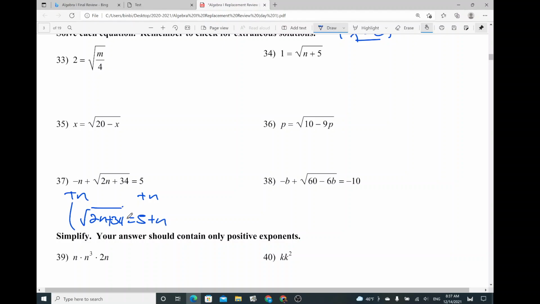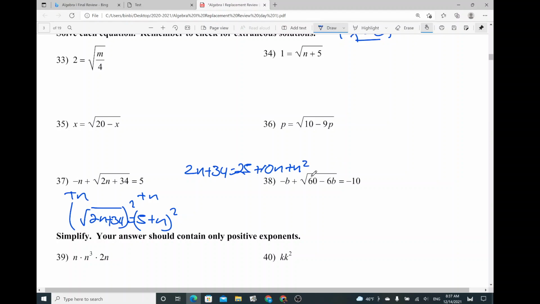And then from here, you want to square both sides. Once we square both sides, we do have 2n plus 34 equals 25 plus 10n plus n squared. If you FOIL this out, 5 squared is 25, 5 times n times 2 is 10n. It's a binomial expansion, or using the FOIL method, 5 plus n times 5 plus n.